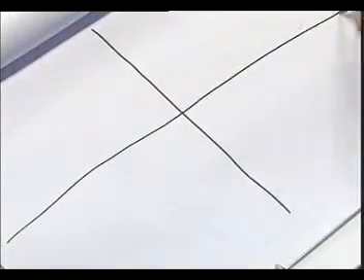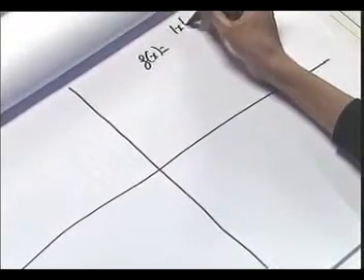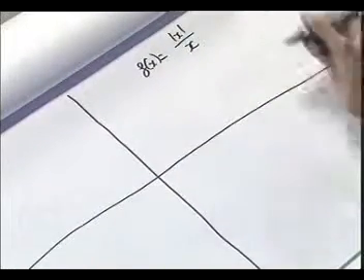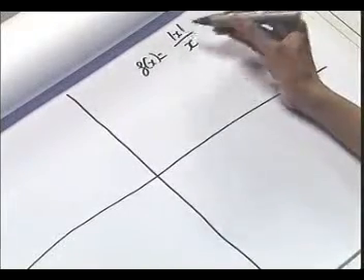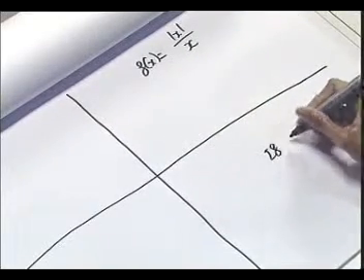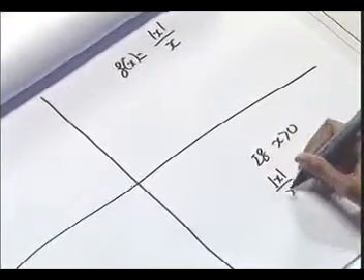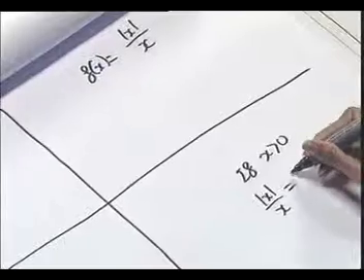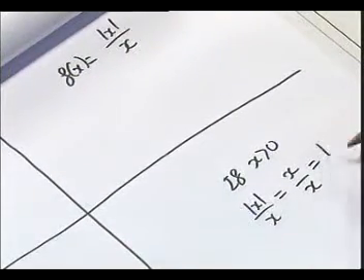Not all functions have nice limits like this. If we look at the function mod x over x, so f of x equals mod x over x, if x is positive, then the top of this is just x, so this becomes x over x, which is 1.